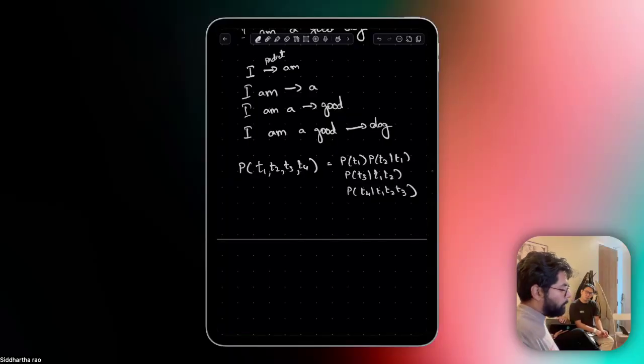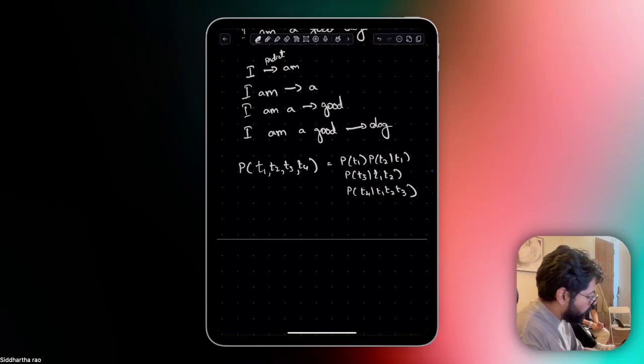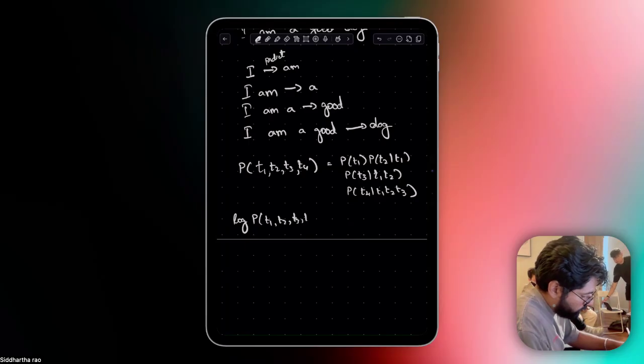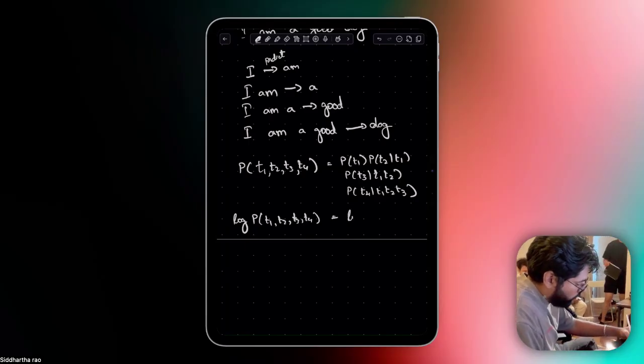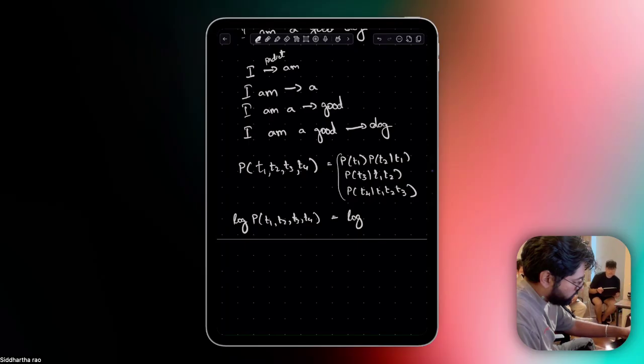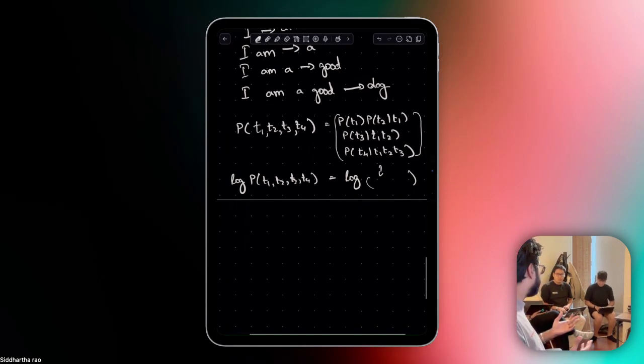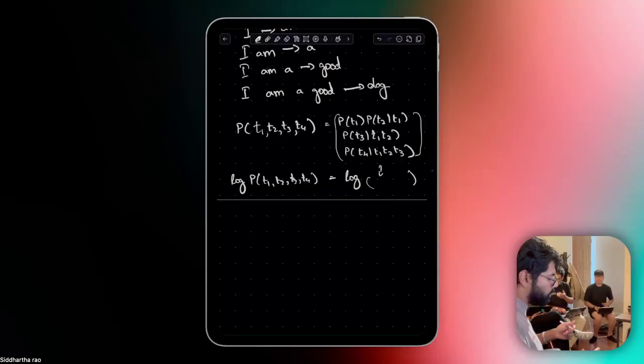And mathematically grounding this, this is basically how we train language models. If you apply a logarithm on both sides, we have log P(T1, T2, T3, T4), and we have the log of this entire expression, right? Is that clear? Yes. So the logarithm of a product is the sum of log probabilities. So log of a times b is log a plus log b.